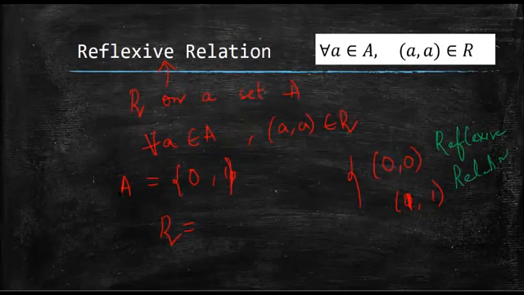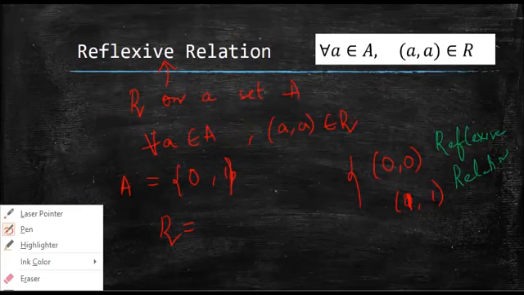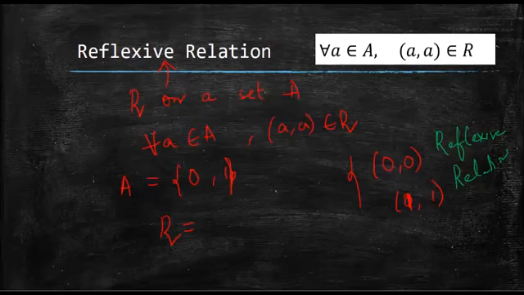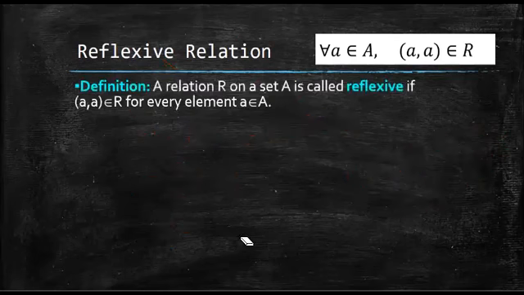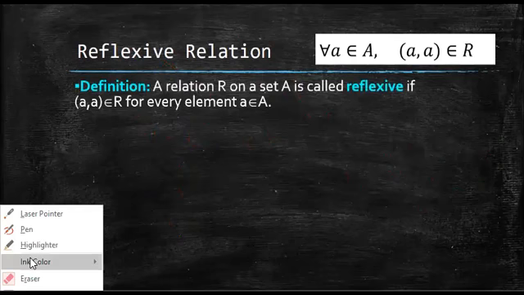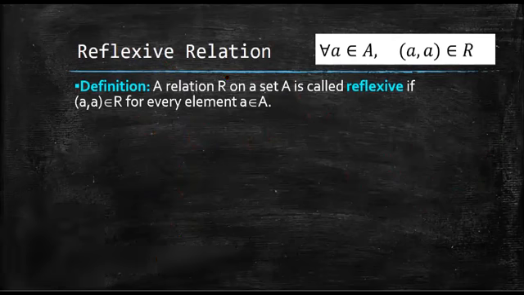Any relation on this set A should always contain 0, 0 and 1, 1, then only it is called a reflexive relation. Now let's see the definition and example. A relation R on a set A is called reflexive if for every element a belonging to A, (a, a) belongs to R.